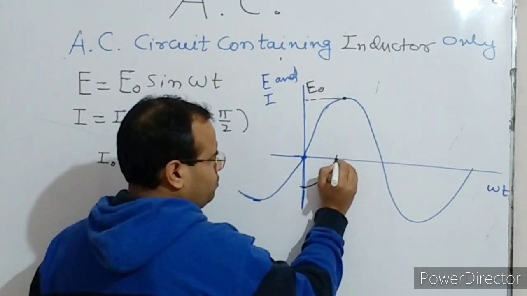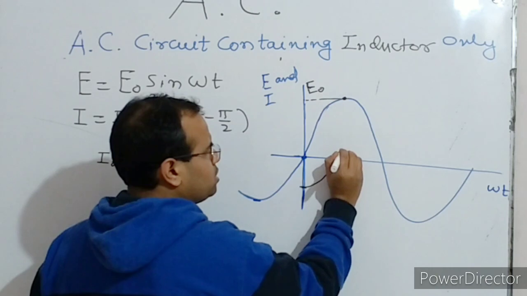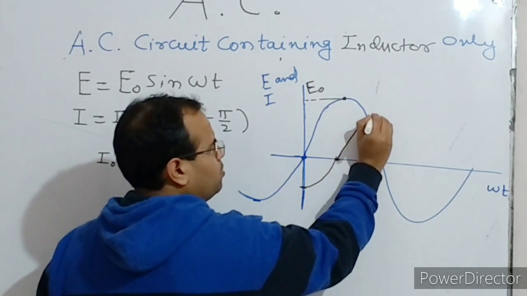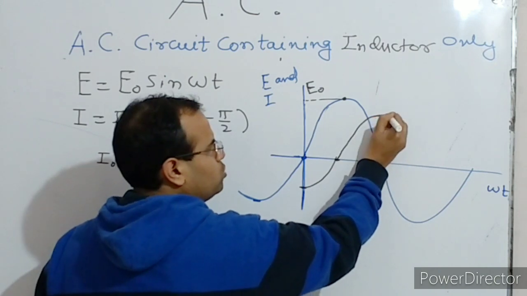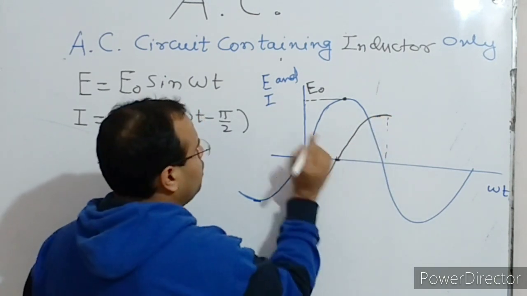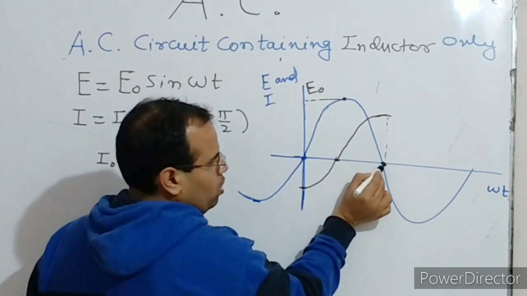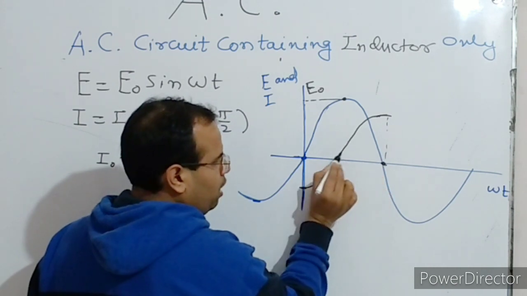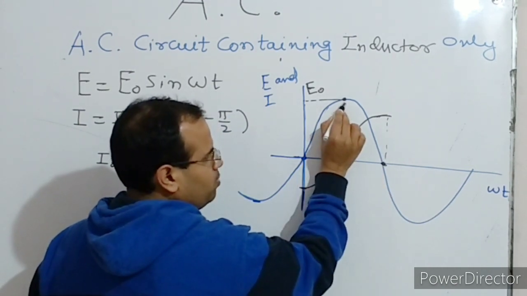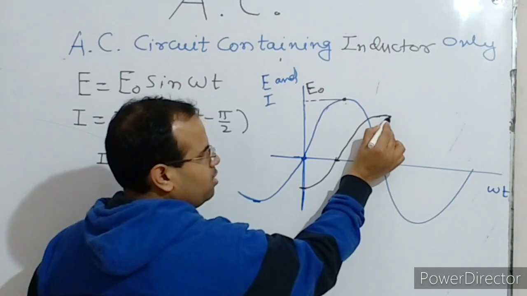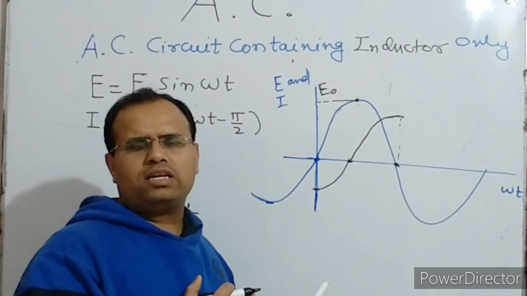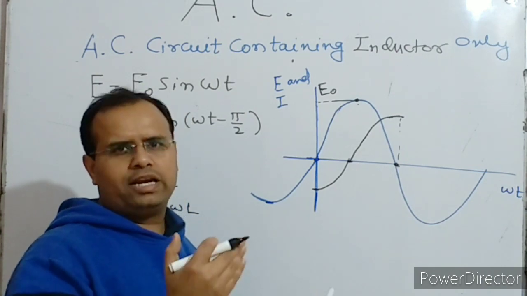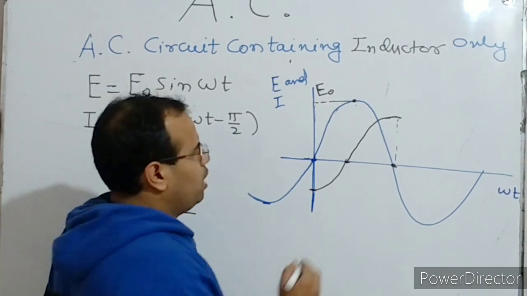After that, it increases and becomes maximum at this point, where you see that the value of EMF is 0. Pi by 2 angle earlier the value of EMF was maximum, and you can see that the current is getting maximum value now. It means at each and every point, current is lagging behind the EMF by pi by 2 angle.